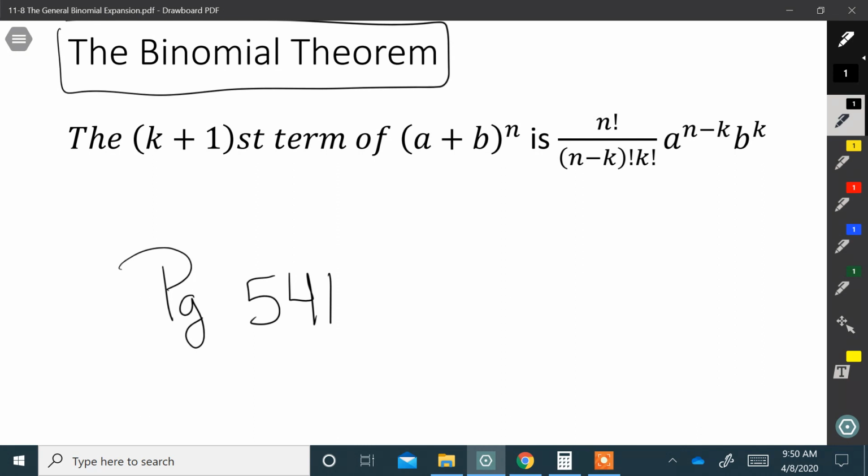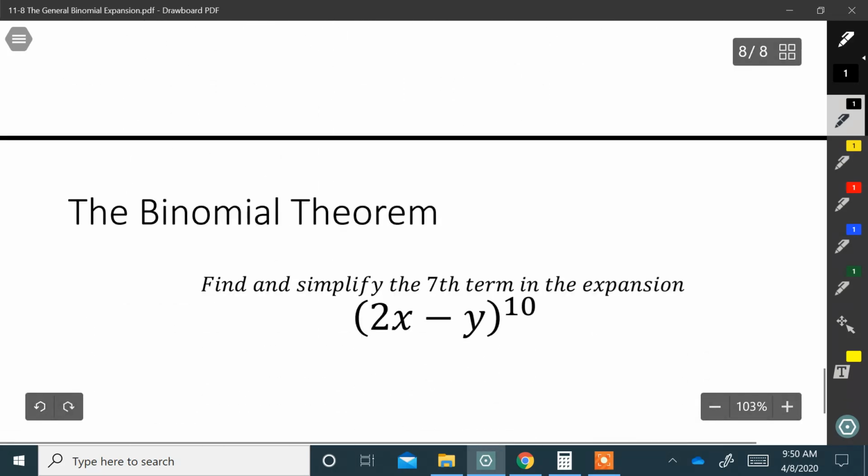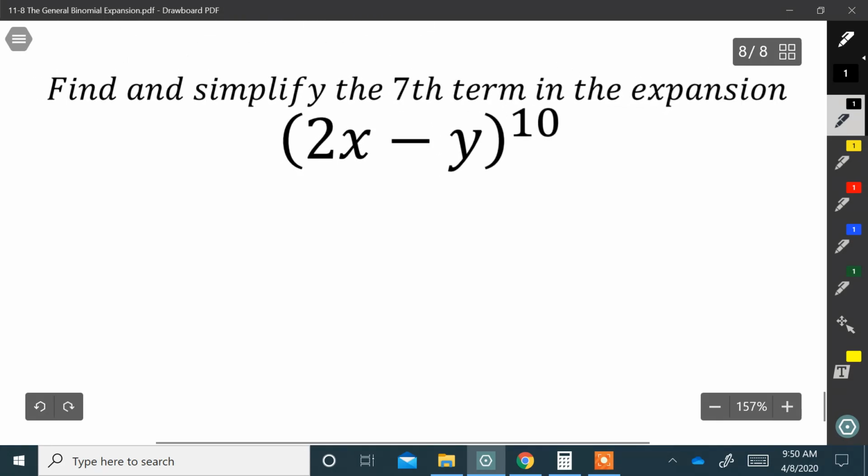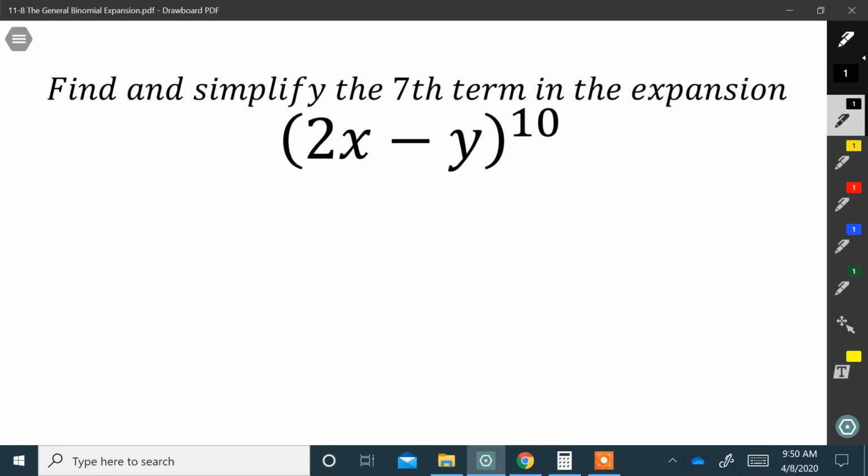Yesterday we talked about how we can use it. We're going to use it again today. So it says, find and simplify the 7th term in the expansion. Okay, so let's go ahead and do that. We're going to find the 7th term in the expansion. But let's talk about the formula.